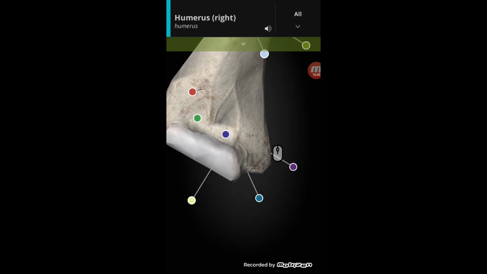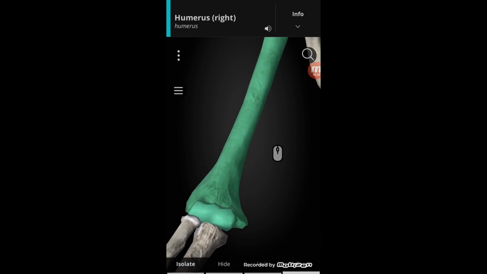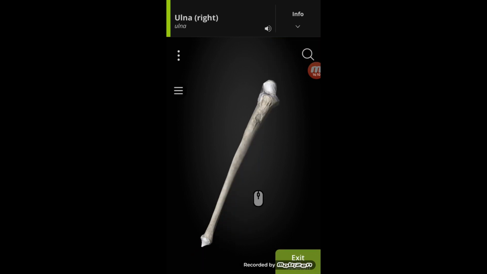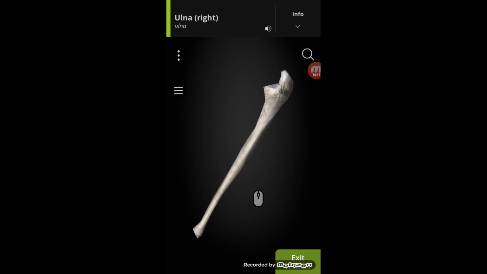I will show you. Here you can see the ulna. This is the olecranon process, and this is the trochlear notch in the center, and this is the coronoid process. We will discuss it later.